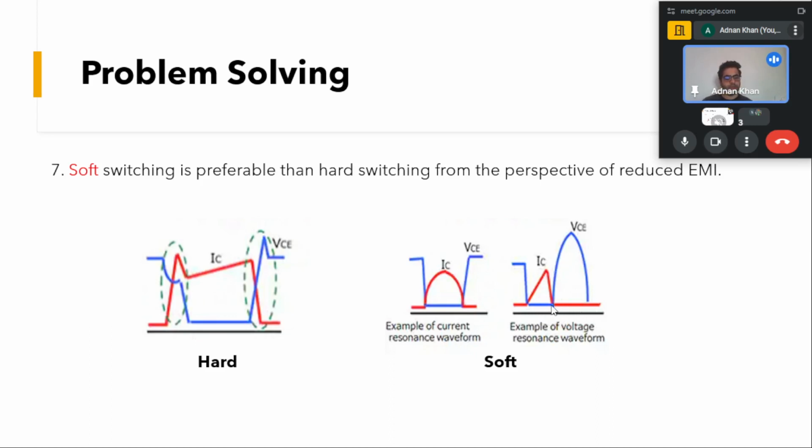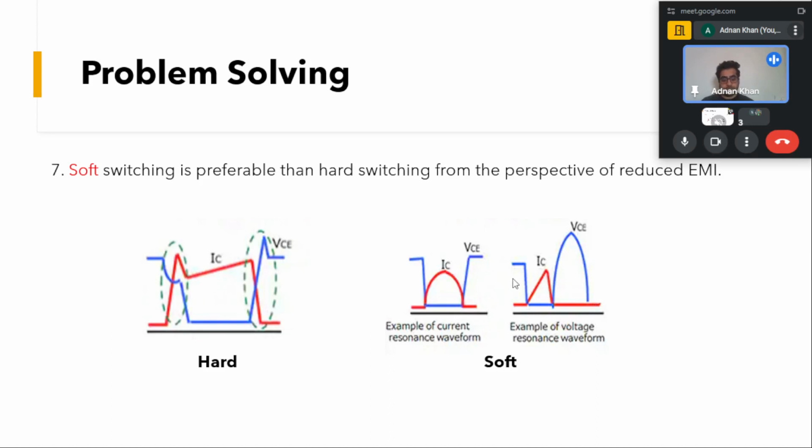If the voltage first rises and then decreases, then when the voltage is very low we can turn the device on or off, and therefore have lower dV by dt at that moment as well.